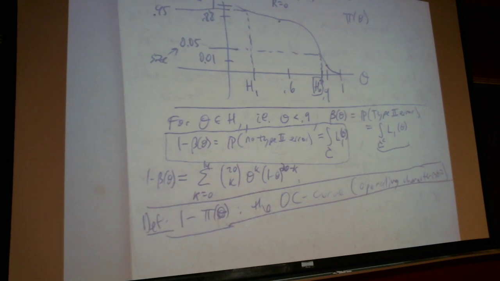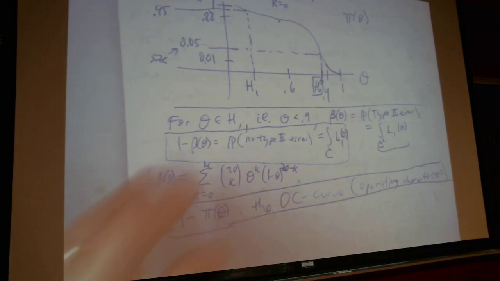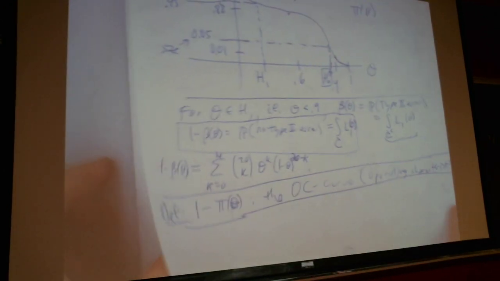Let's get a little bit more into this likelihood statistic in the last couple of minutes. So this was the power function, and 1 minus it is the OC curve.